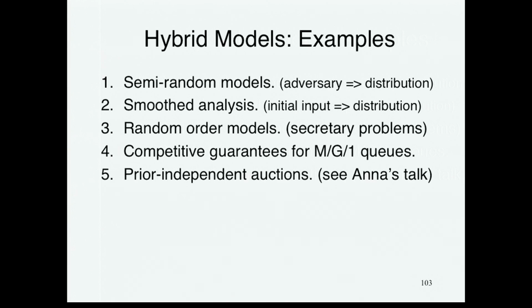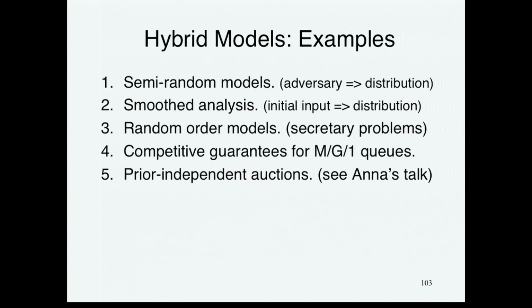In Adam and Nikhil's talk on Tuesday, we saw some statements of the form that some natural prior-free algorithm is simultaneously competitive for any M/G/1 system. And the point here is that G, the service time distribution, they were getting competitive guarantees no matter what G is. So that's, again, a family of distributions as you range over possible Gs, and a single algorithm that's competitive with optimal for all of them.